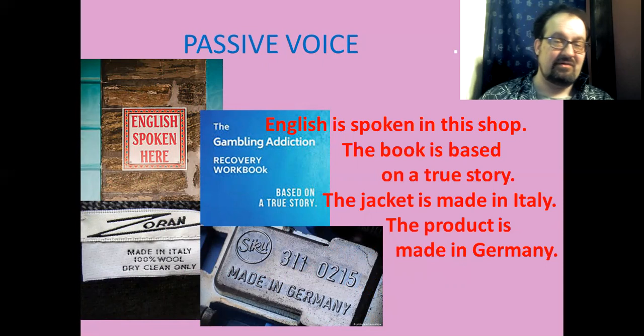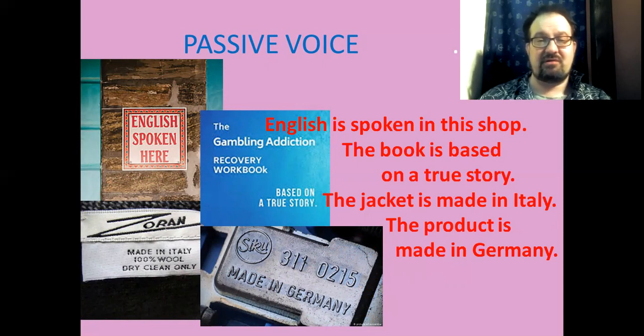Or look at the book. This book is about a true story. It is based on a true story. When they made the book, they took a true story to base the book on, right? So it is based on a true story, and you probably saw, I'm sure you saw many times, signs on products, gadgets, clothes, saying where that product was made.